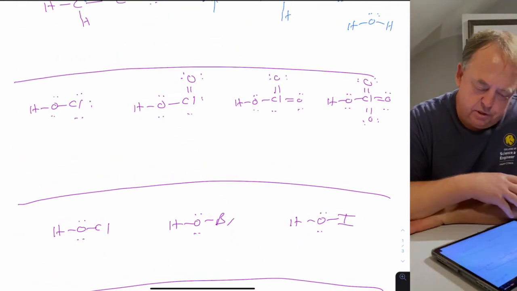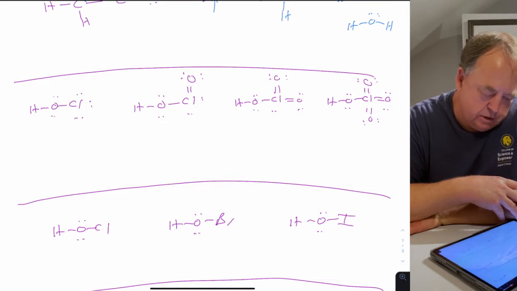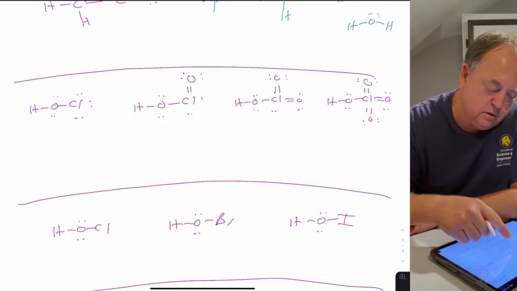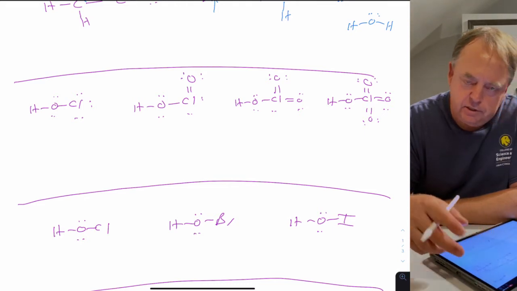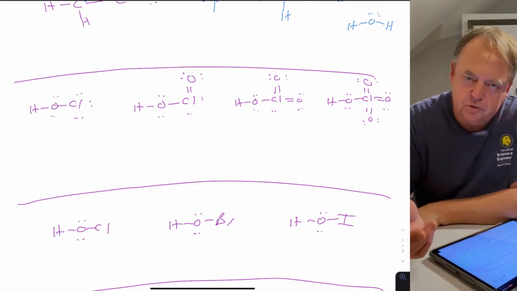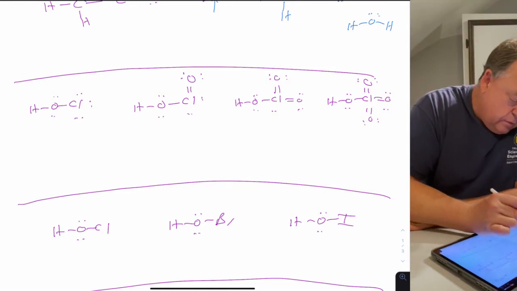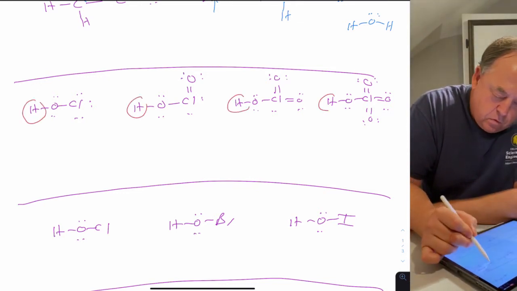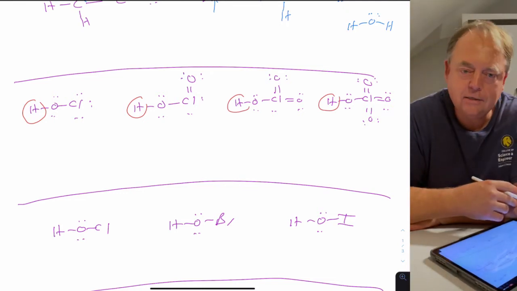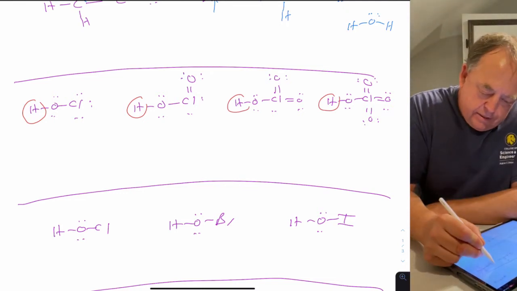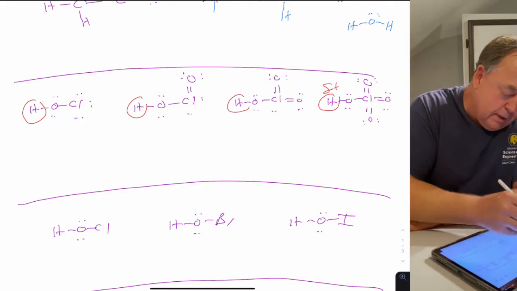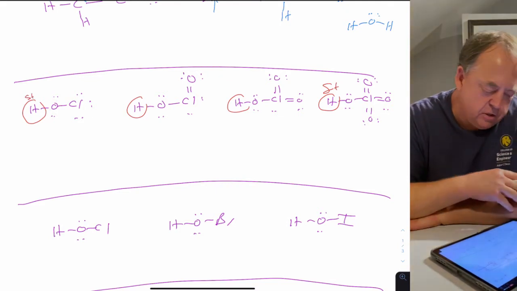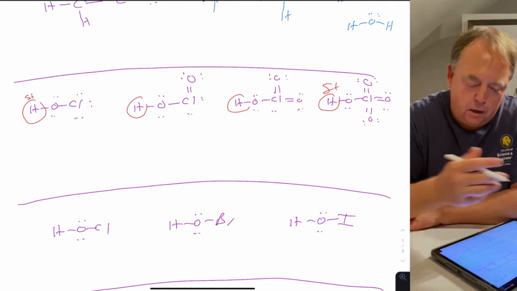Okay, so if we took these 3 molecules, HOCl, ClO2H, ClO3H, and HClO4, which is the most acidic? Well, obviously only one hydrogen in each molecule. Which hydrogen is the most partial positive? It's going to be that one, right? That's got big partial positive, and that would be smaller comparatively. Why?